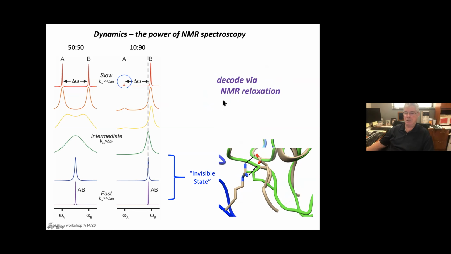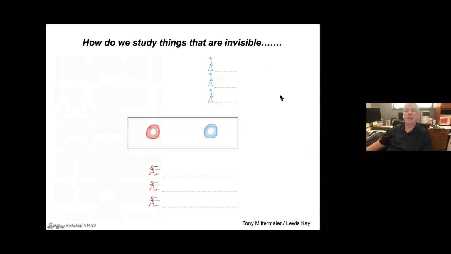So the way we do this, and this has been pioneered by lots of people, in particular Lewis K. and Art Palmer's lab, is to decode these multiple states using NMR relaxation. Now I'm going to borrow from some slides that Tony Mittermeier developed when he was with Lewis K. to give you a phenomenological view of this. So let's say we have our 2 states, A and B, and we're going to color them red and cyan.